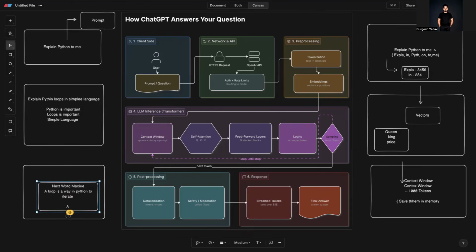It will take "A" and try to understand what the next word can be. It can be loop, or Python, or is, or a, or very. And once it does all these iterations, it finds out that "loop" is the perfect word. Now after loop, it has to check again, so "is", not, and then it realizes that "is" is the perfect word.